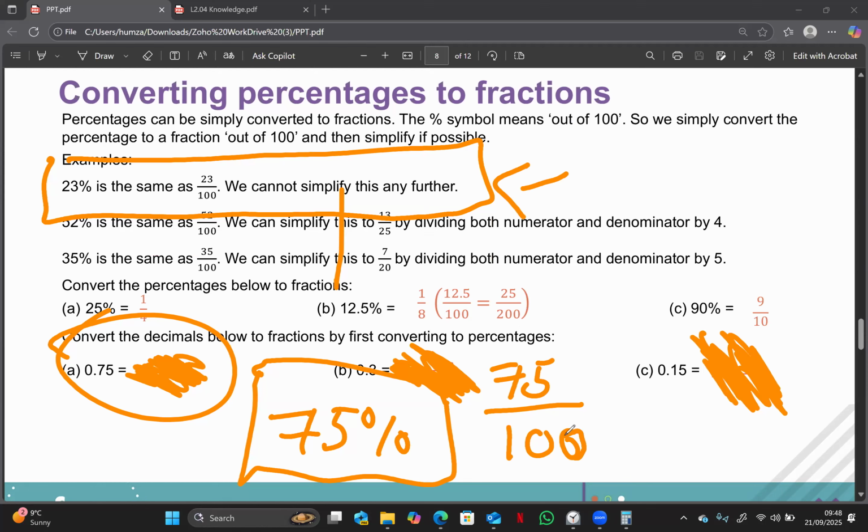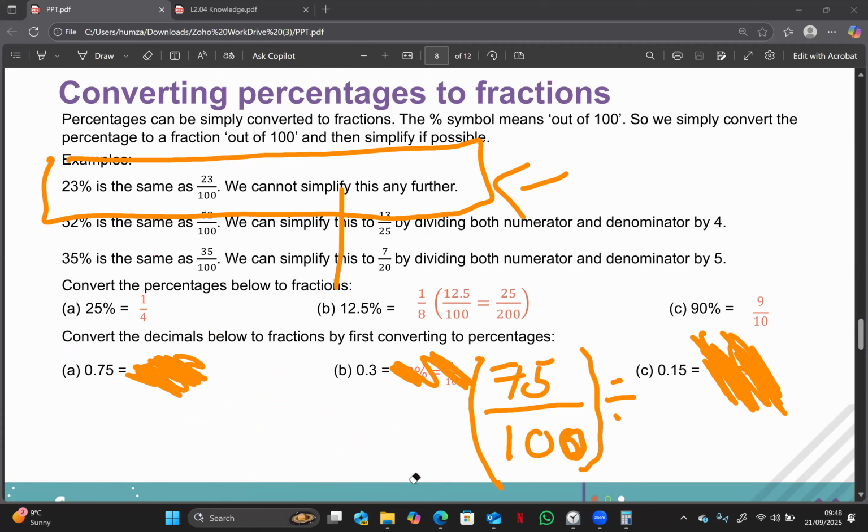Now, what I did with you before, can we divide both of these, 75 and 100, by the same number? Yes or no? Yes, we can.